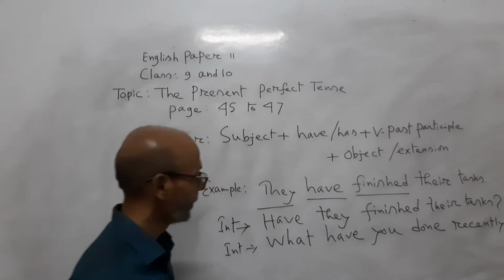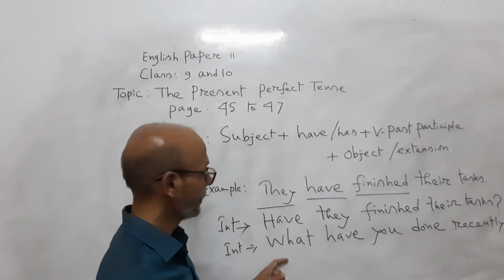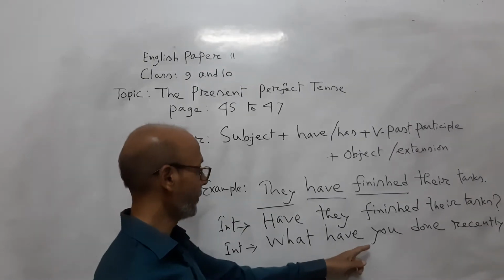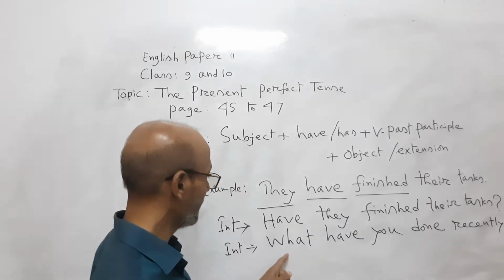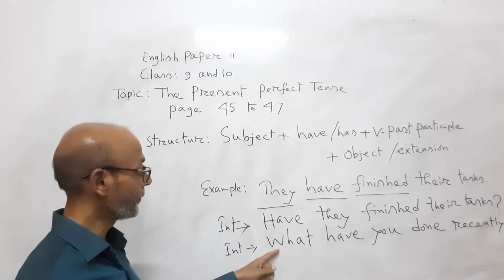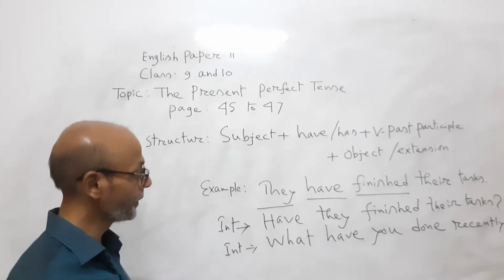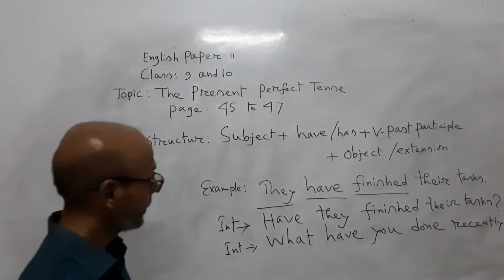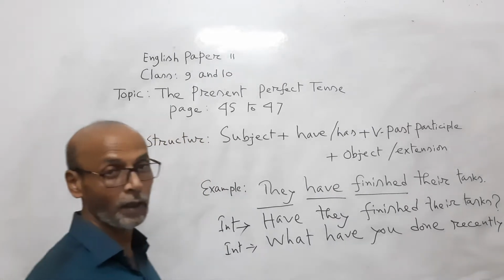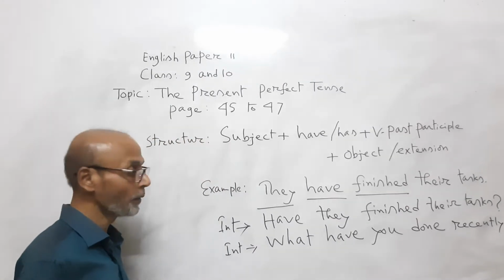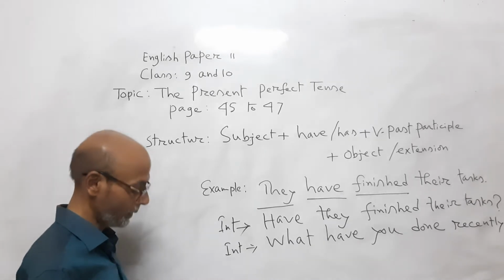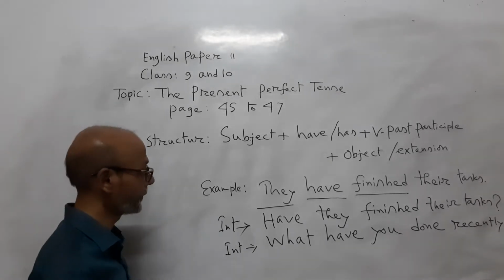That time you will find that we find have before the subject, and before it there is another word, interrogative adjective, what. That time before have, you have to use what, how, why: why have you, how have you. You have to write the present perfect tense.